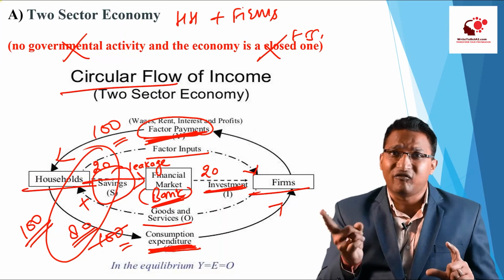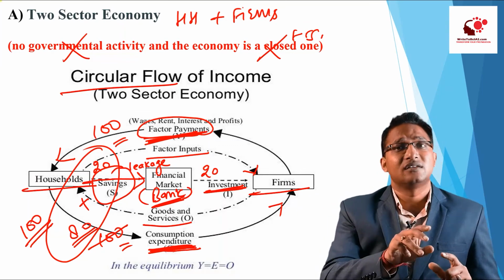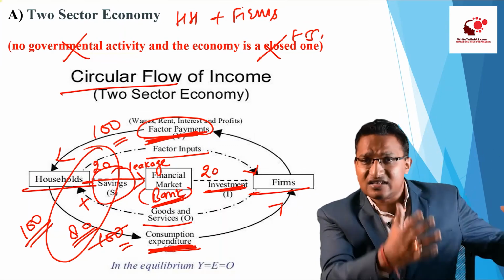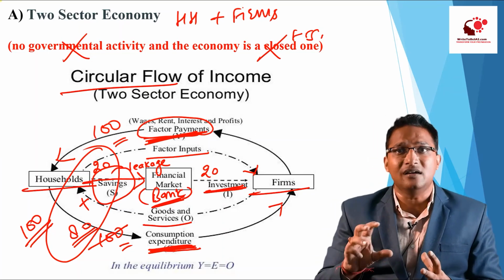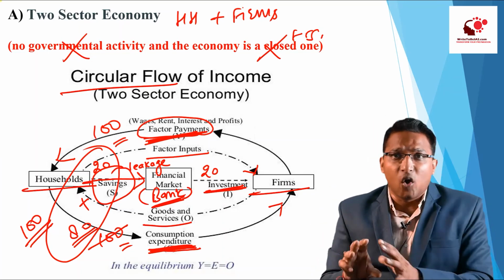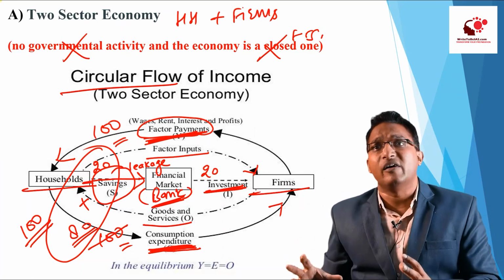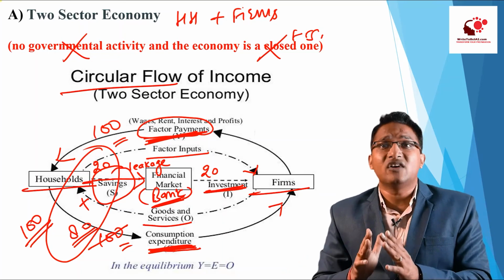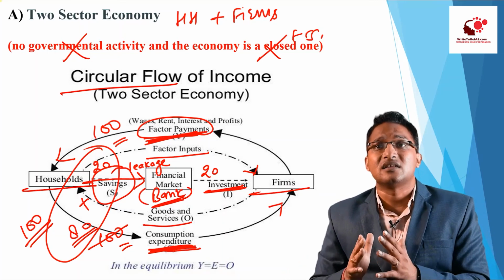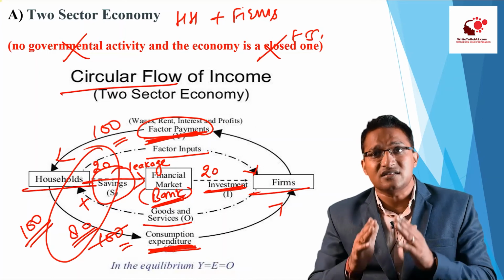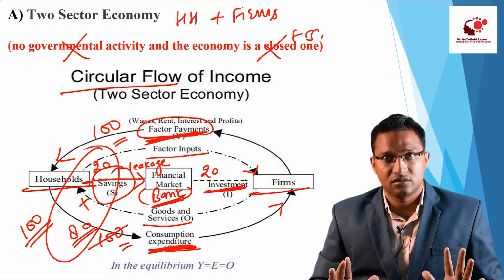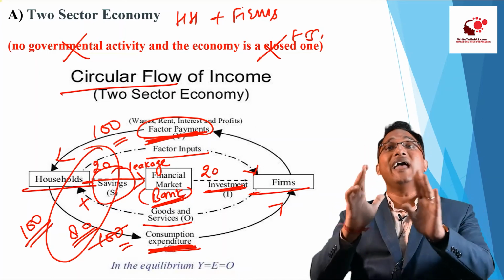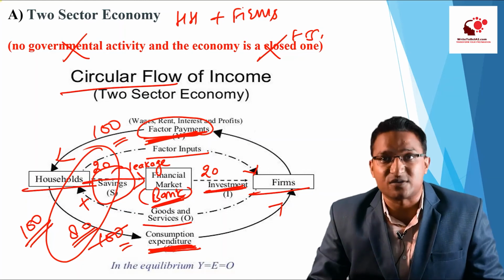When firm is buying a machinery, then the production capacity of the factory is increased. When the firm is buying a building, then the overall production capacity of the firm is increased. So whatever activity increases the production capacity, that is the investment amount, right? That amount will be counted as the investment, not as the consumption expenditure.